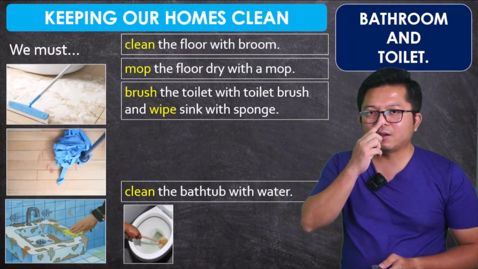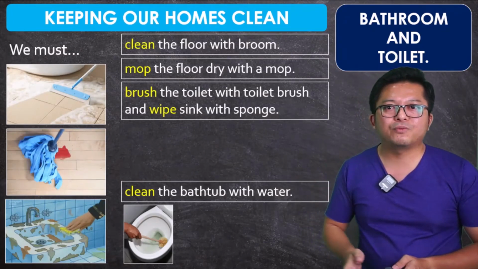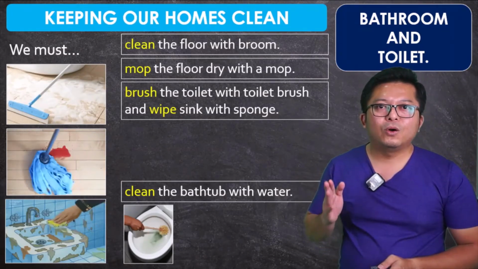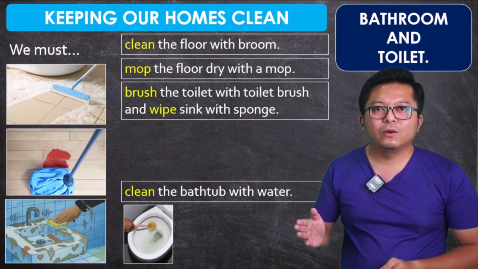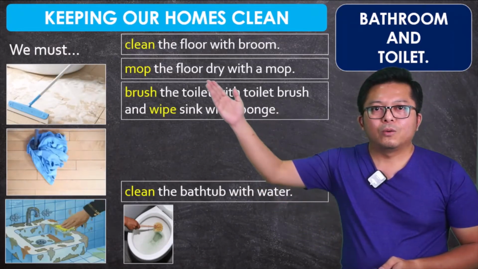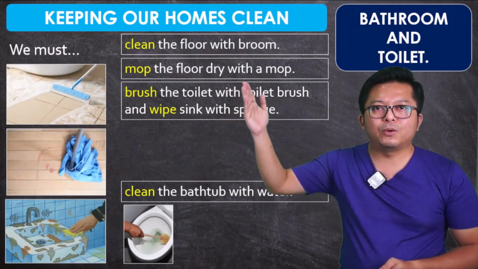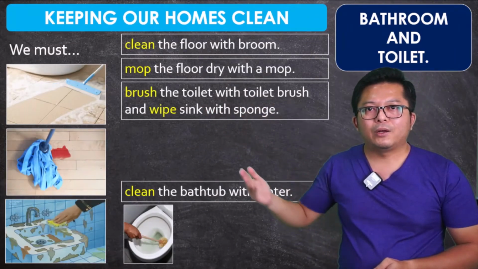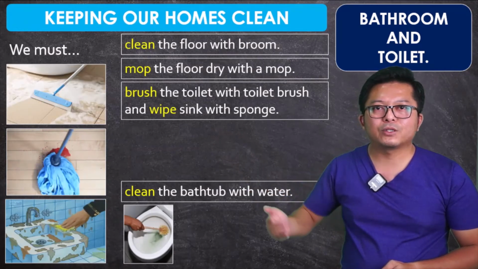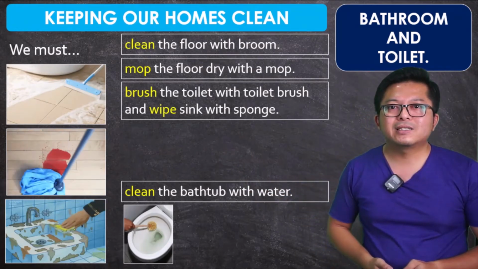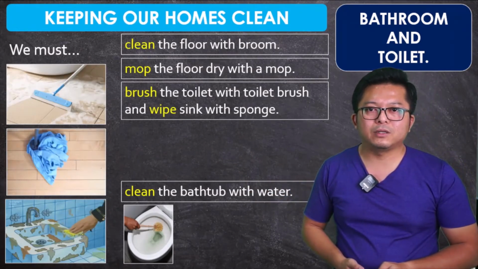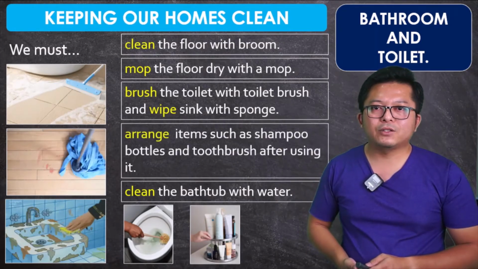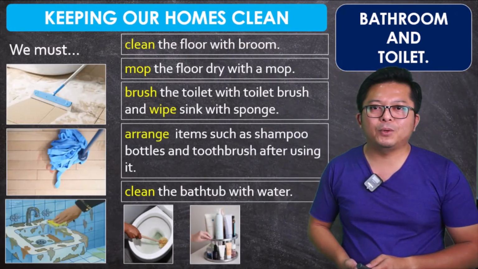It smells very bad, the chemicals for cleaning the toilet. So you just need to sweep the floor with a broom and mop the floor dry with a mop, and also you can brush or wipe the sink with a sponge.